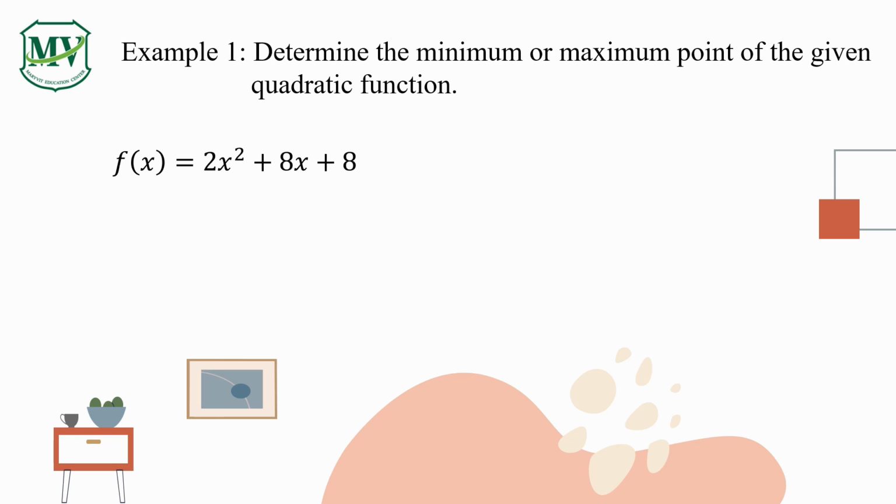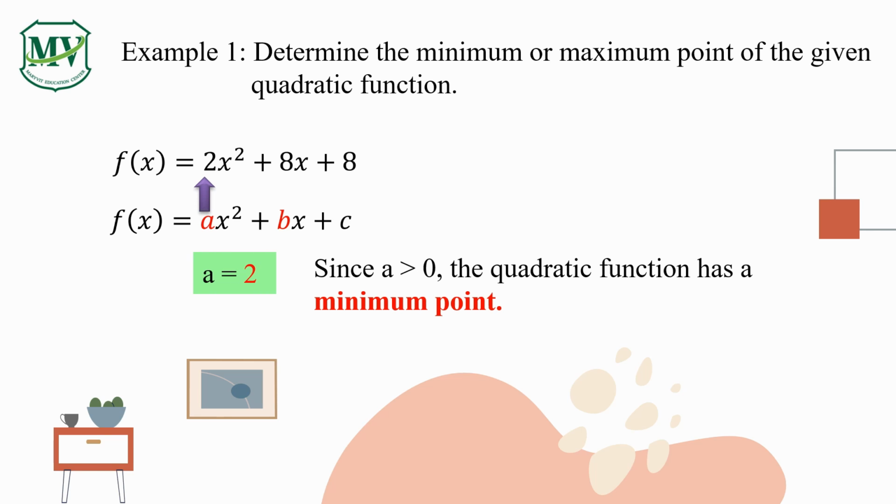Example number 1. Determine the minimum or maximum point of the given quadratic function. From the given quadratic function, the value of a is 2. Since the value of a is greater than 0, the quadratic function has a minimum point.